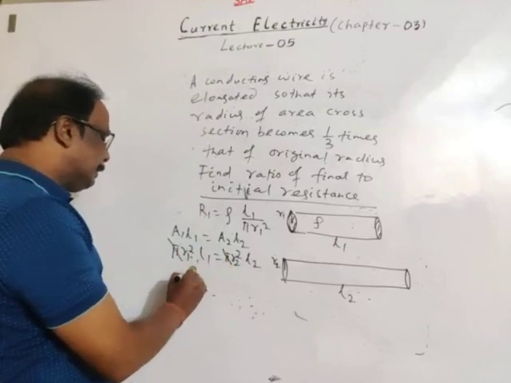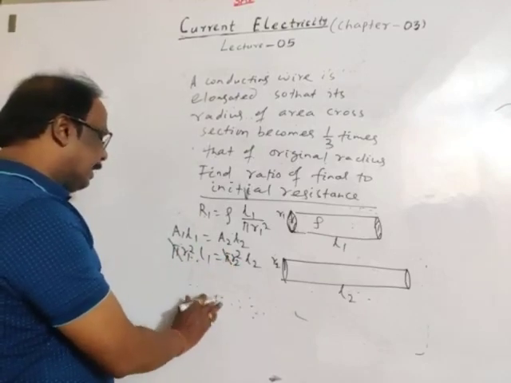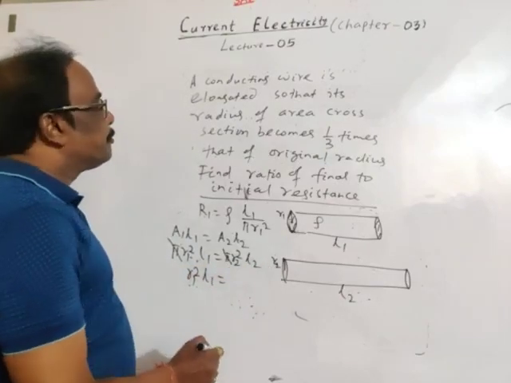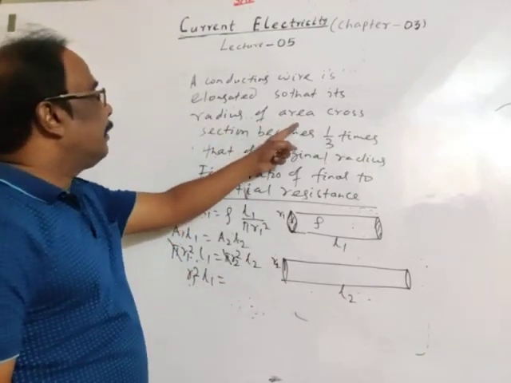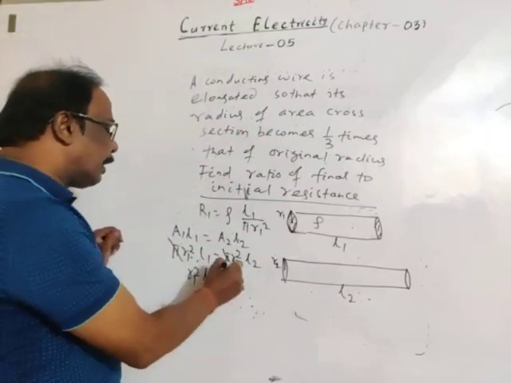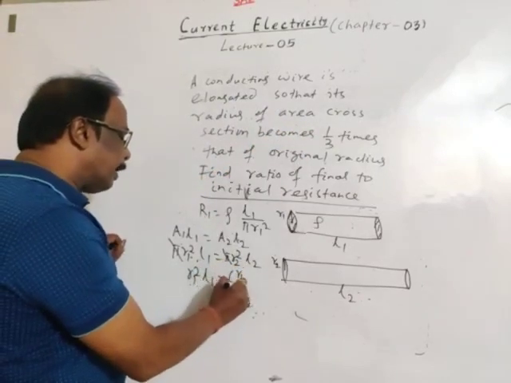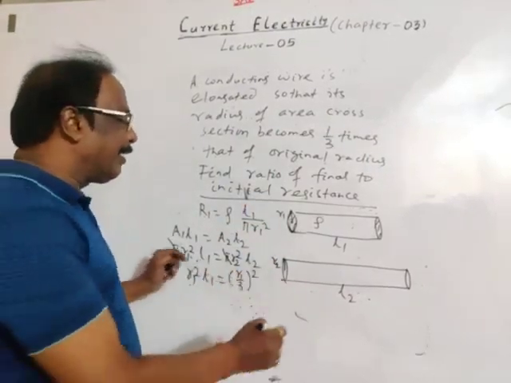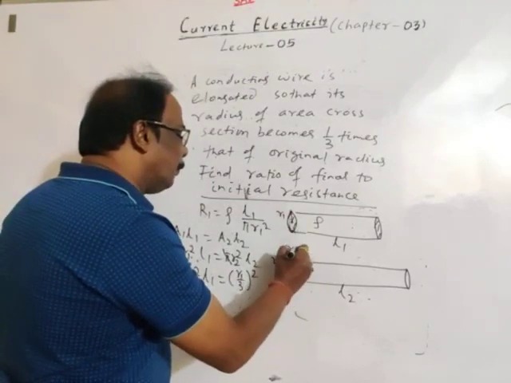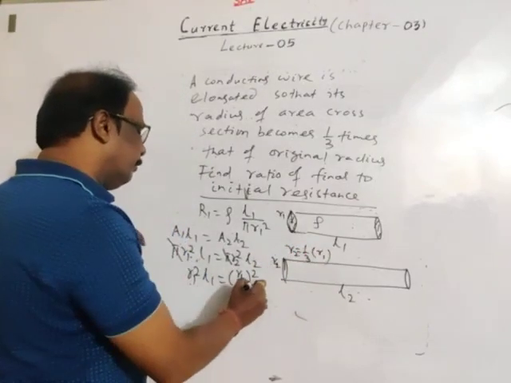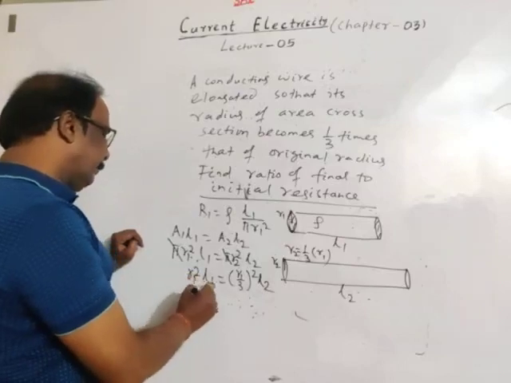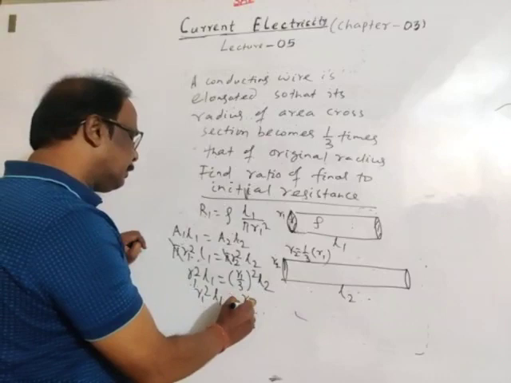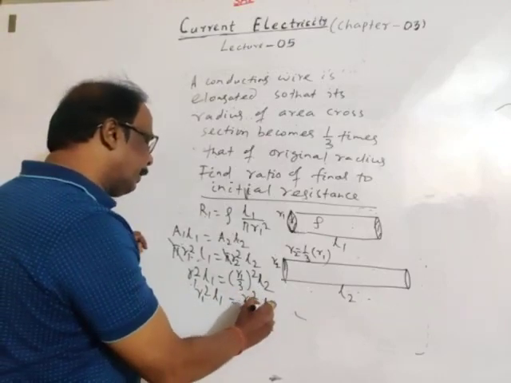Pi gets cancelled. Given that the radius becomes 1/3, in place of R2 we may write R1 by 3, so R1 square L1 is equal to R1 square by 9 into L2.